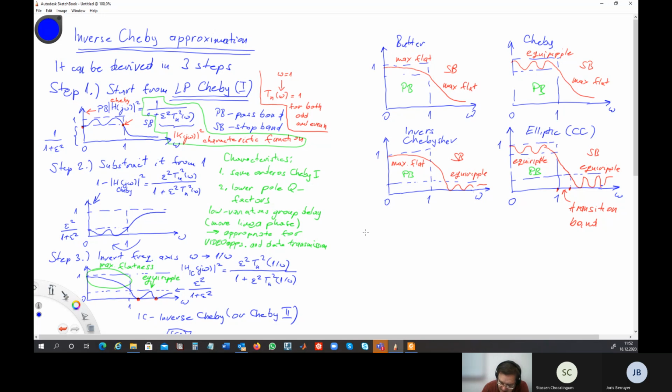Let's say, for example, we have to design a low pass prototype filter satisfying some specification like this.